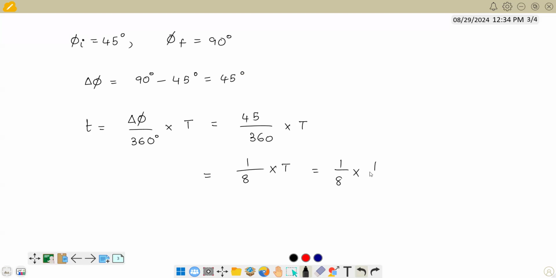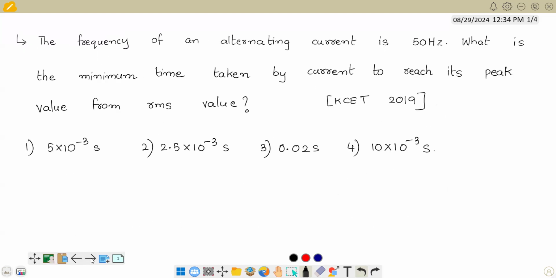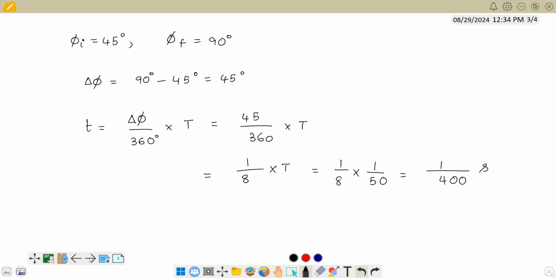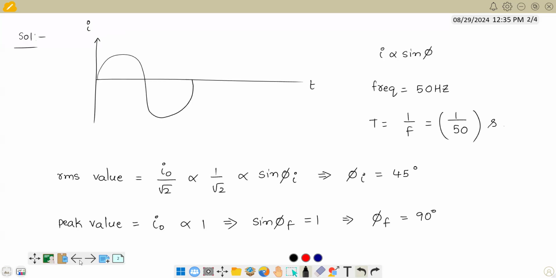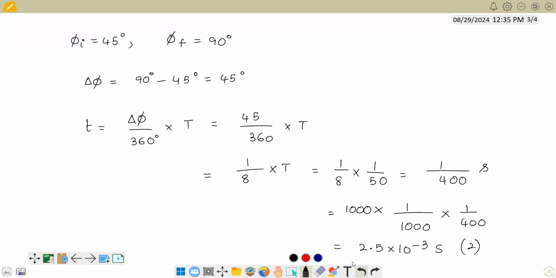So 1 by 8 into 1 by 50, so it would be 1 by 400 seconds. 1 by 400 seconds would give us, let us make 1000 in the numerator and 1 by 1000 in the denominator and 1 by 400. So if we cancel it, we'll get 2.5 into 10 power minus 3 seconds. 2.5 into 10 power minus 3 seconds would be our option 2.